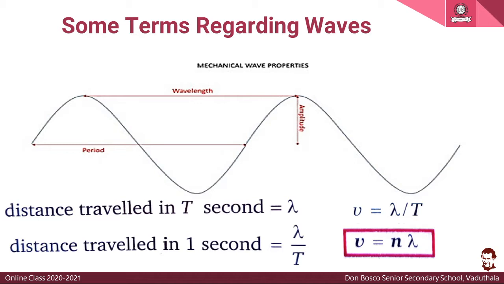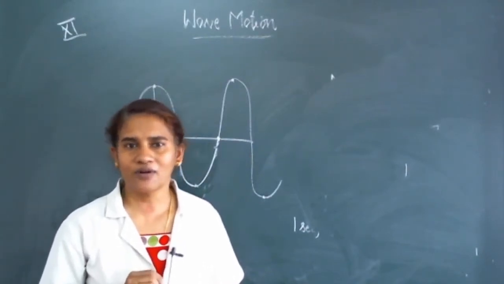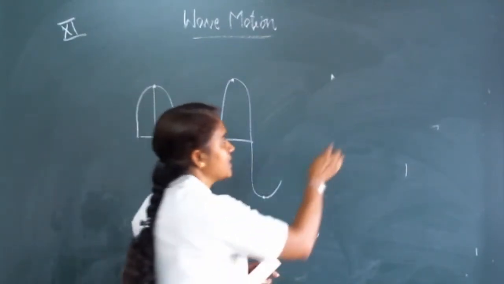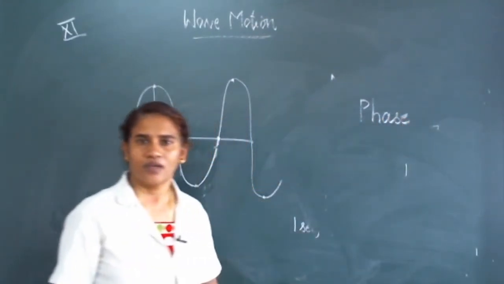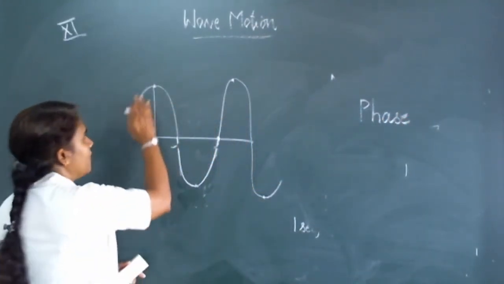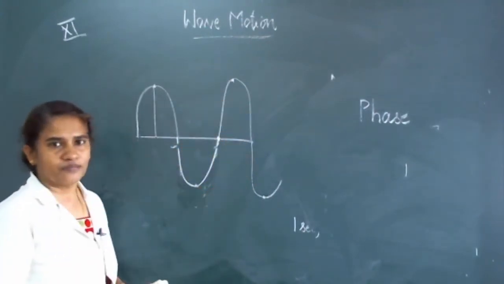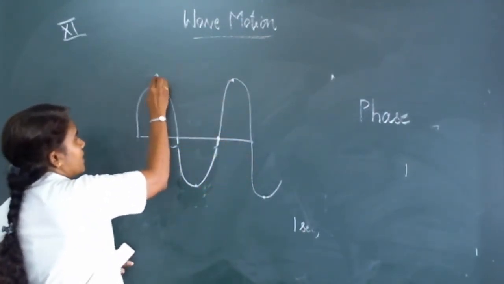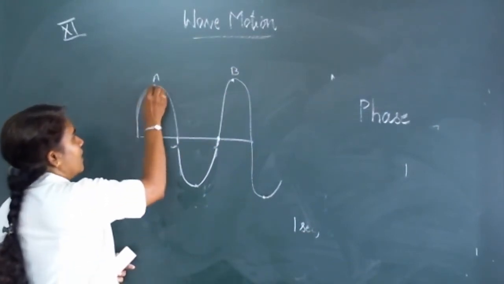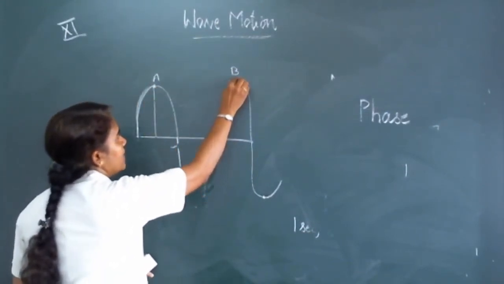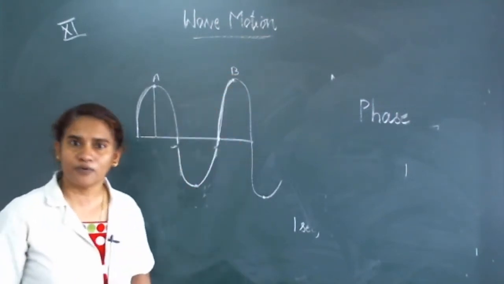Now, another important term is phase. Heard about that? P-H-A-S-E. When a particle is vibrating, and we take two particles like this, both have the same displacement from the mean position.